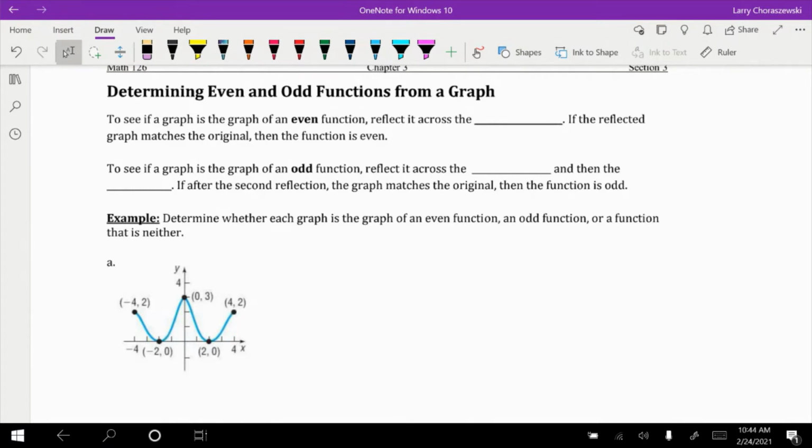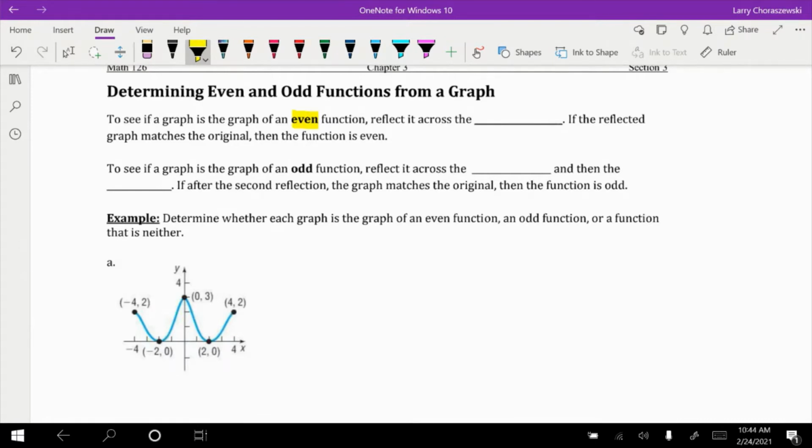So to test if a graph is the graph of an even function, and this is kind of the appropriate thing to do when your graph is provided, but maybe you don't have any ordered pairs listed out for you. Unlike part A, we can probably get a sense of what kind of function this is based on ordered pairs.